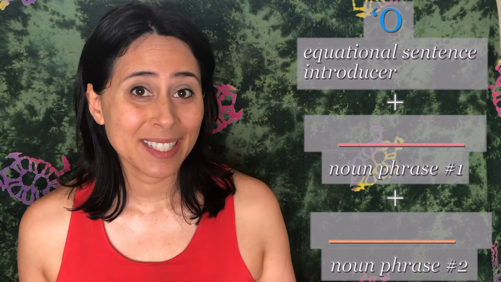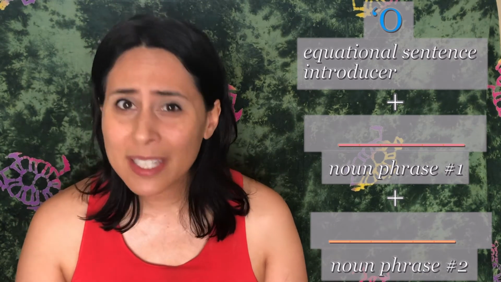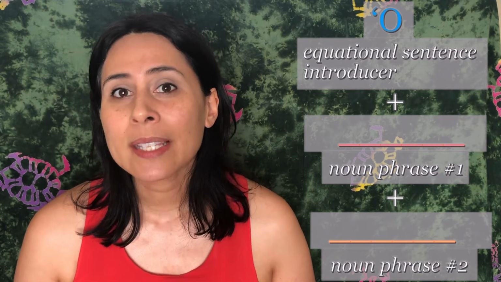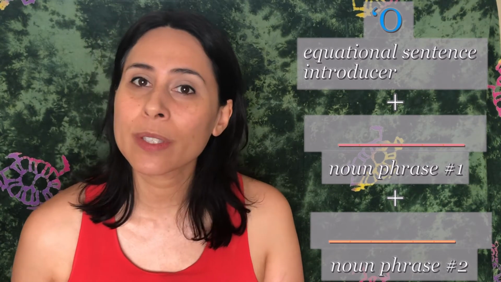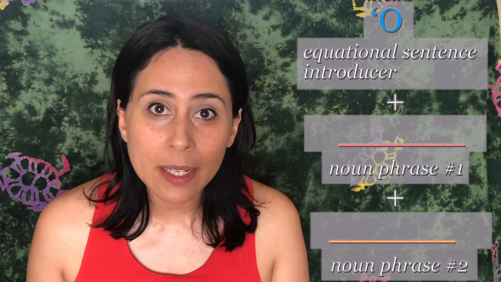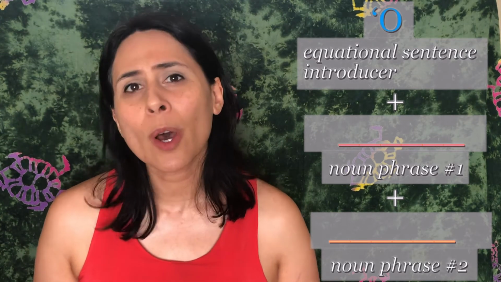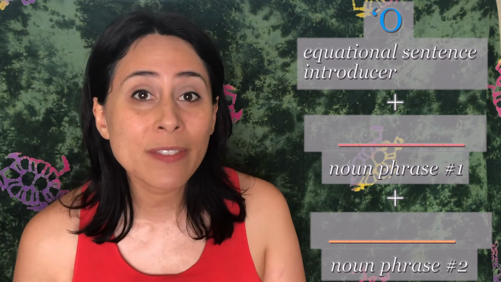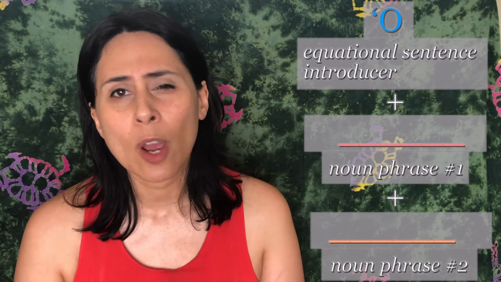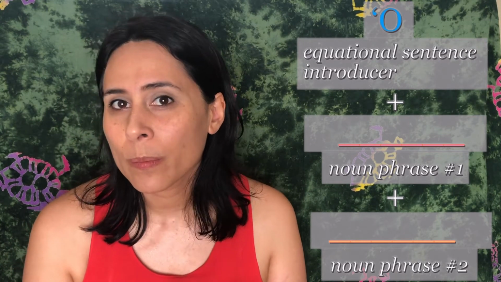Easy as that. Again, because it's an equational sentence, it doesn't matter which noun goes in which position, the sentence will still have the same basic meaning. A good rule of thumb, though, place your noun or noun phrase that you want to emphasize in that first slot, right after o.